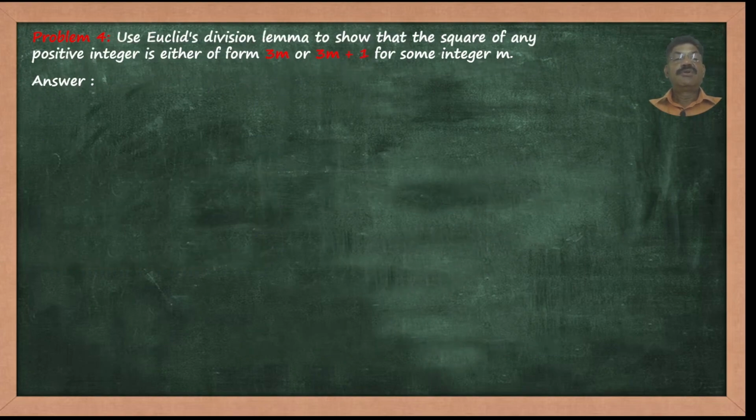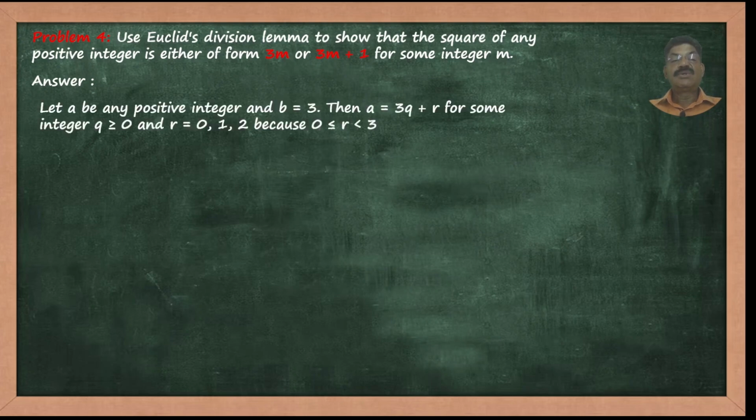Now you look at the fourth problem. Use Euclid's division lemma to show that the square of any positive integer is either of the form 3m or 3m plus 1 for some integer m. Okay, what it says, the square of any positive integer. So let us take a is such an integer, a be any positive integer and b equal to 3. Now for these two numbers, we apply Euclid's lemma.